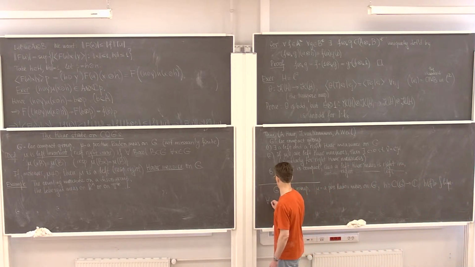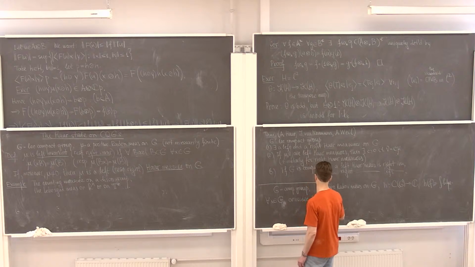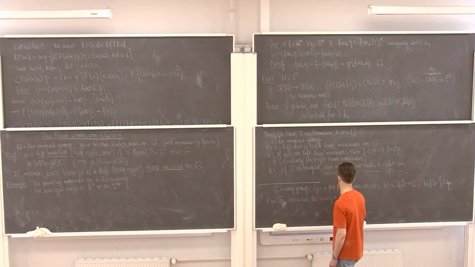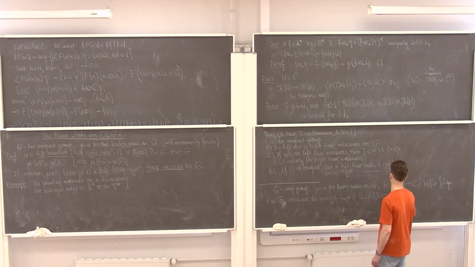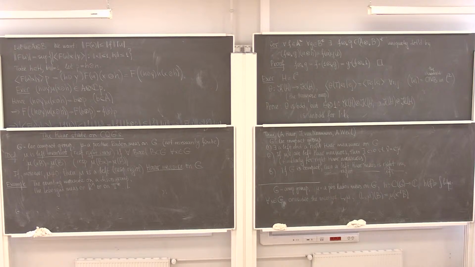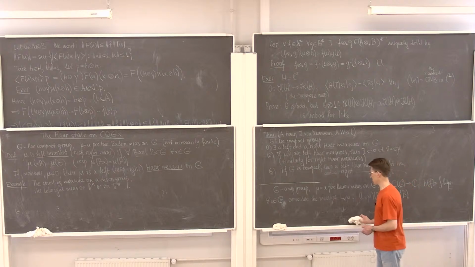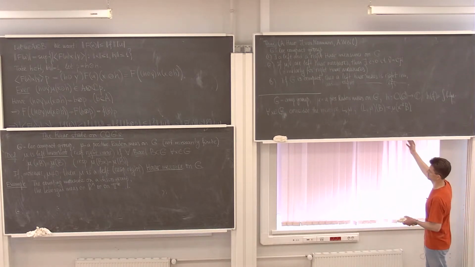For every point x in G, we consider the following measure, L_x mu, the left translate of mu. It is defined as follows: L_x mu of B is mu applied to x inverse B. So clearly mu is left invariant if and only if L_x mu equals mu for every x.